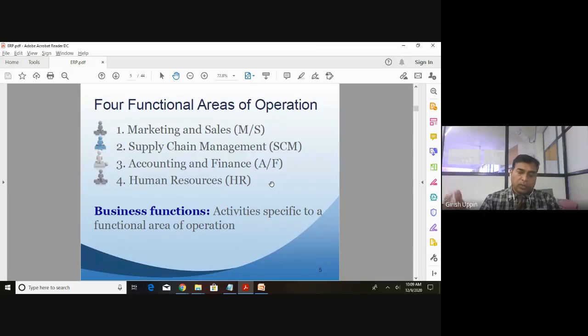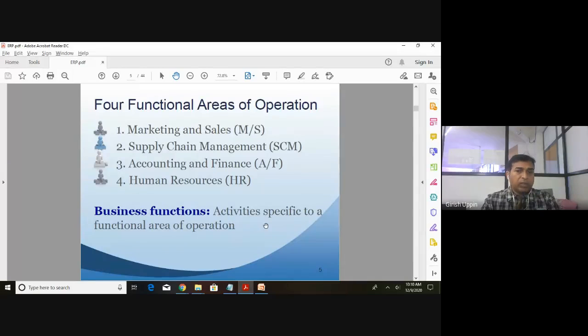One of the most important reports they generate is the balance sheet. Then human resources, the HR department, takes care of the requirements of human resources for the organization: recruiting, training, and taking care of payroll and benefits. All those are handled by the human resource functional area.